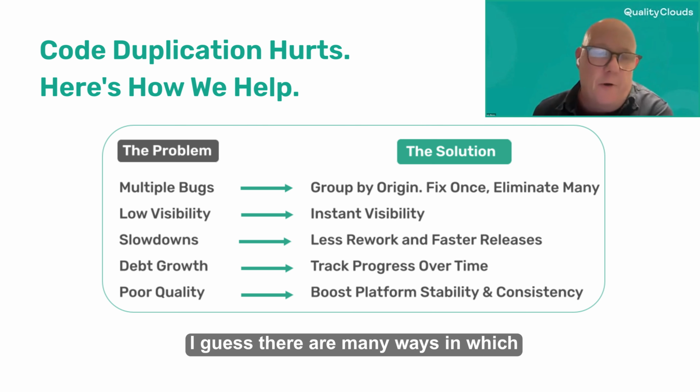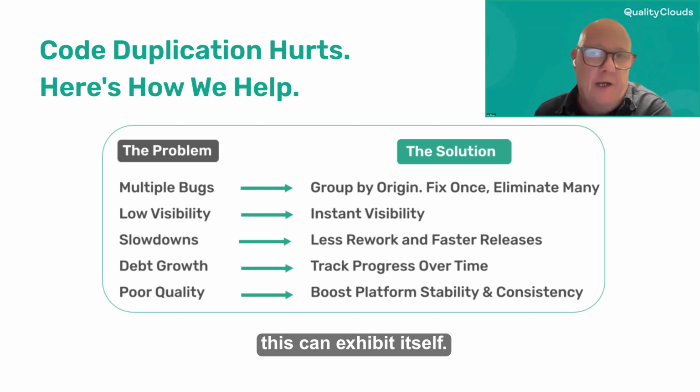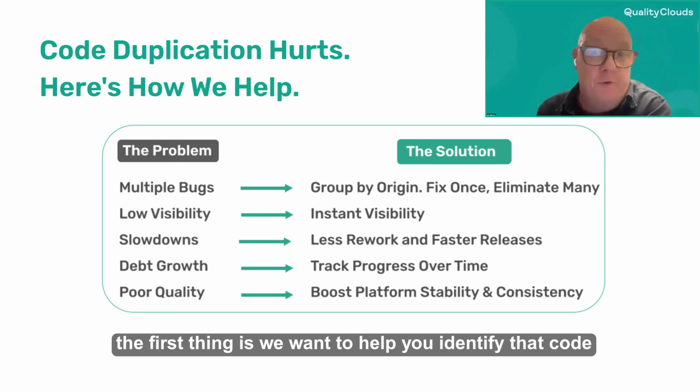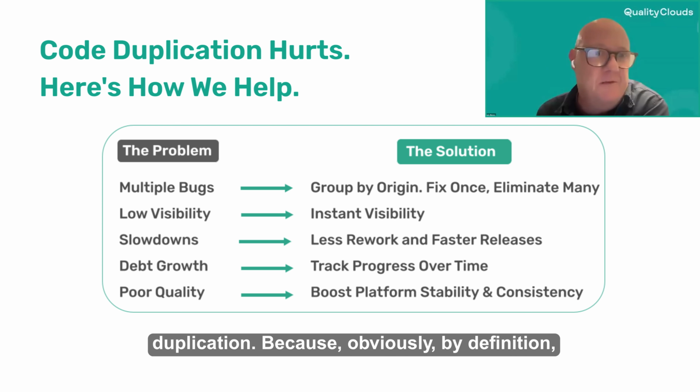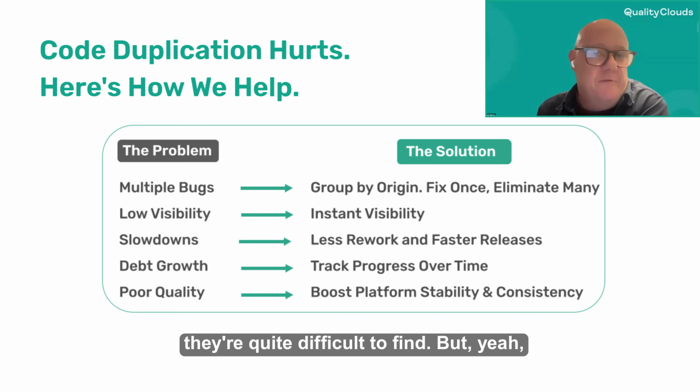There are many ways in which this can exhibit itself, and the first thing is we want to help you identify that code duplication because by definition it's quite difficult to find.